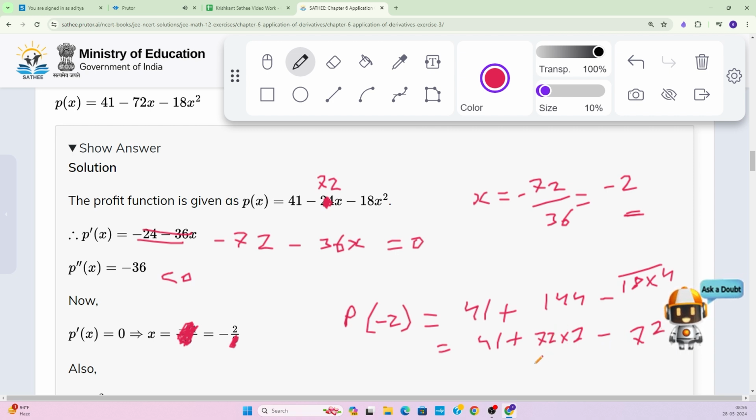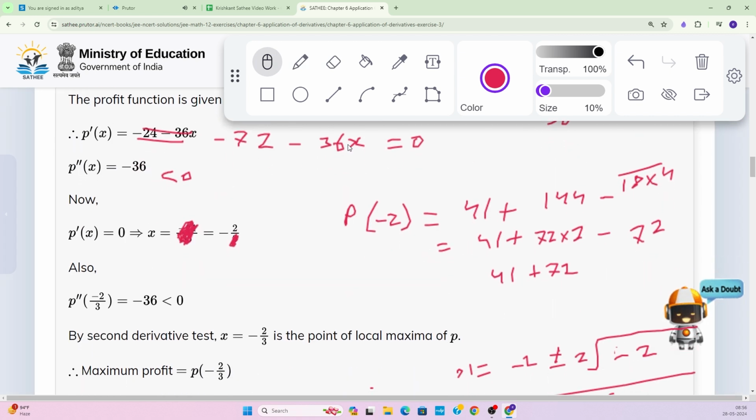Taking 72, you will have just 72, and then 41. If you add, after adding you will get 113. So this will be your final answer.